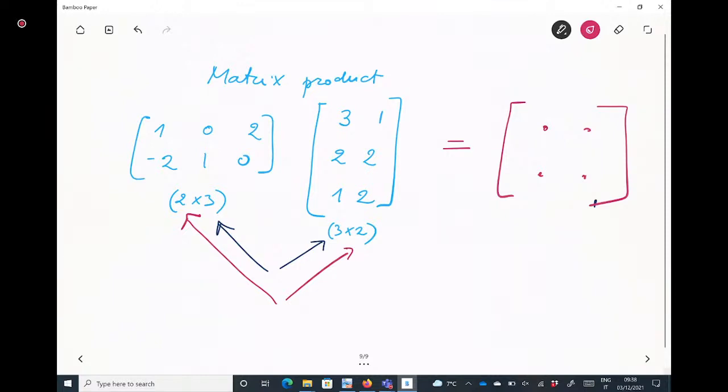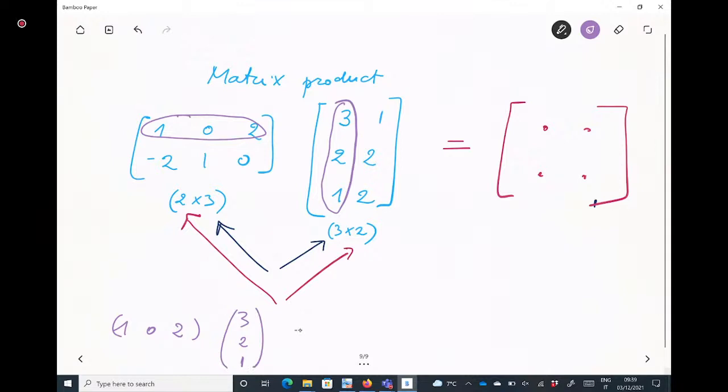Now, you know what the product of a vector by a vector is. So suppose, for instance, that you want to compute the product between this vector and this vector. 1, 0, 2 times 3, 2, 1 is equal to, you can also write this as a dot product if you like, 3 plus 0 plus 2, equal to 5, okay?